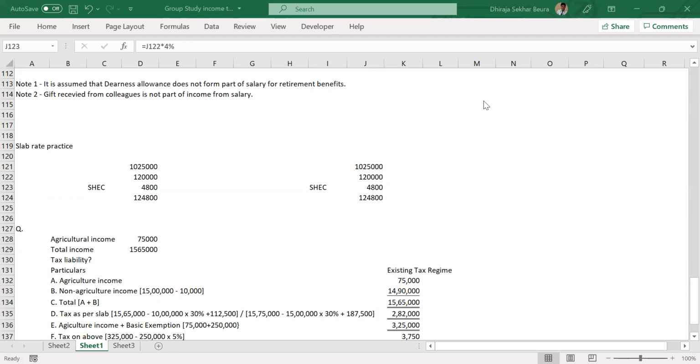There were questions shared by sir related to basic exemptions, so I had tried to solve a few. I want to get them validated from your end. Can we do that separately, one-on-one? Yeah, we can. I thought it might be helpful for the class also, because they're the same questions sir has shared. I want to go in a particular direction, so let's do it one-on-one only. No worries. You have taken the initiative yourself, that's good. Thanks.